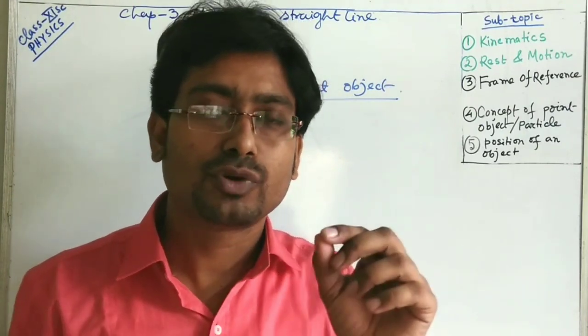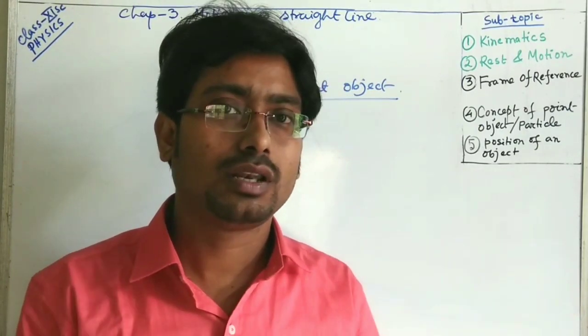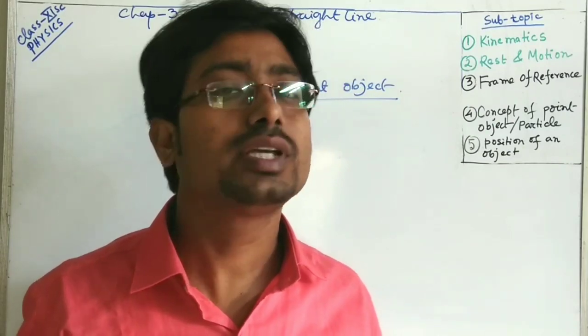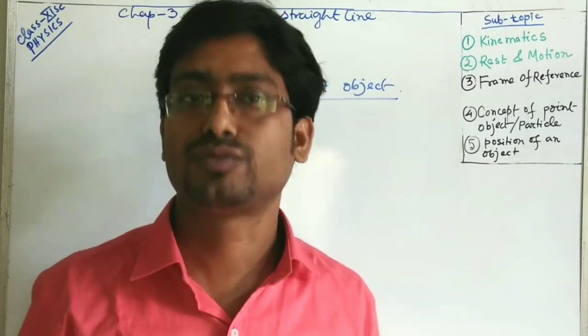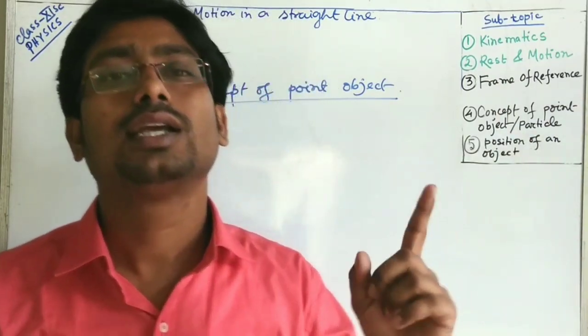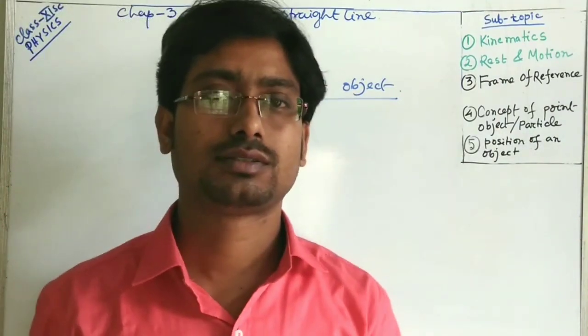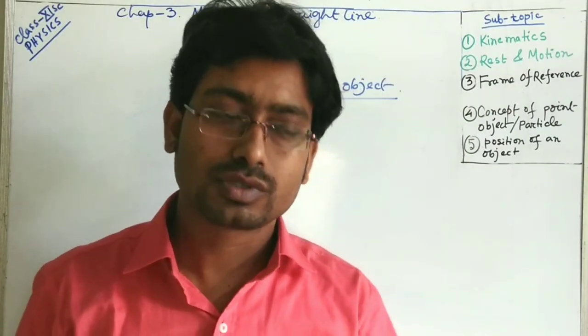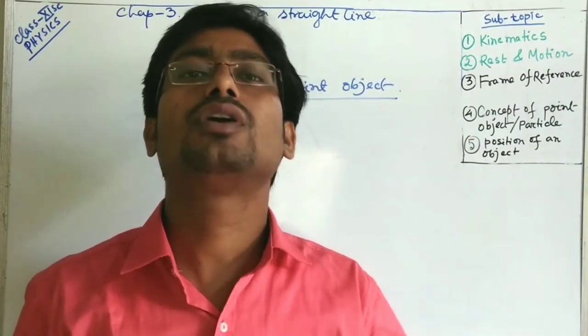Is it really a point object? No. It is a long train. We cannot consider it as a point object. It is an extended object. But depending on the situation, we can consider the long train as a point object. I will give you one example. Suppose the train is moving from Howrah to Chennai.